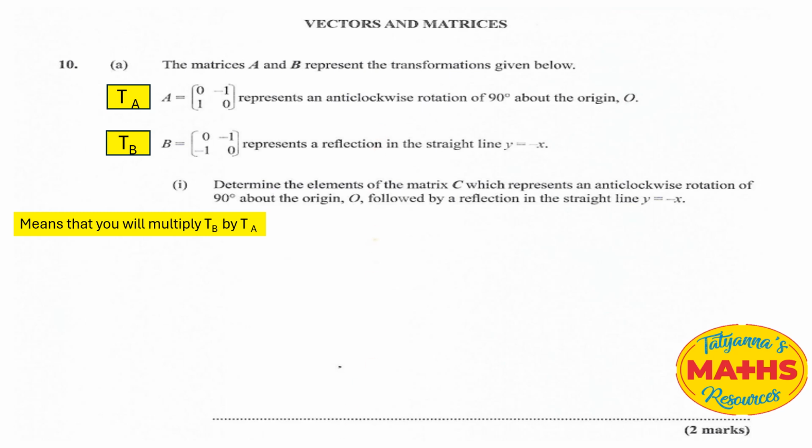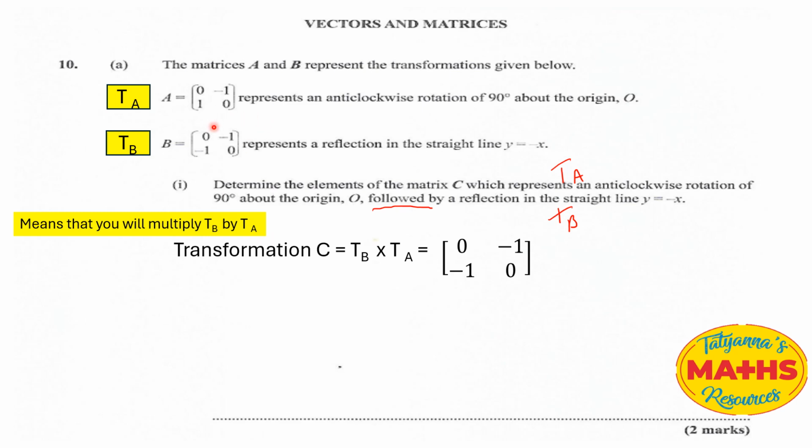When we say here followed by the reflection, this is transformation B and this is transformation A. So we're going to multiply in this order, transformation B by A. So that is 0, -1, -1, 0, as we have here, by transformation A. And the rule is, remember, we multiply row by column.